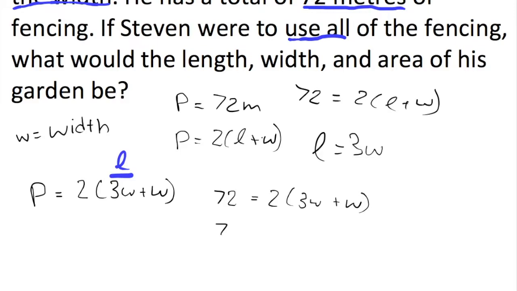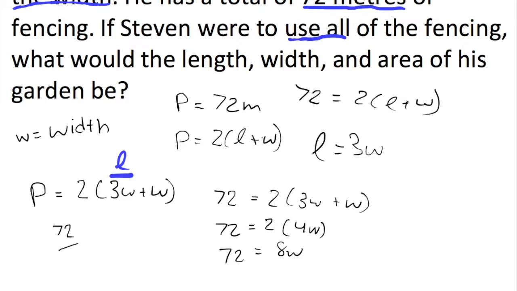Collecting like terms, since both of them have the same variable W, we get 2 times 4W, which simplifies to 72 is equal to 8W. And now we can quite easily say that W is equal to 72 over 8, as we divide both sides by 8.